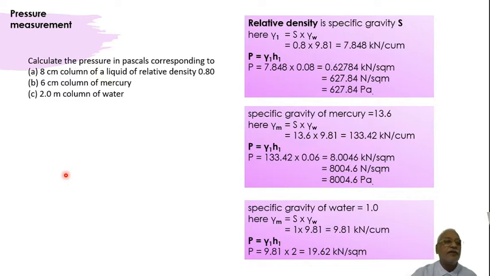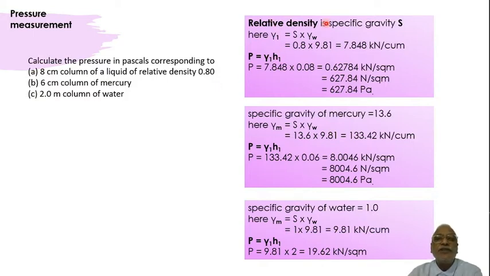So here there are a few cases where the pressure head of a particular liquid is converted to pressure magnitude. Now the problem is: calculate the pressure in pascals, Newton per meter square, corresponding to three cases A, B, C. First one, 8 centimeter column of liquid of relative density 0.8.